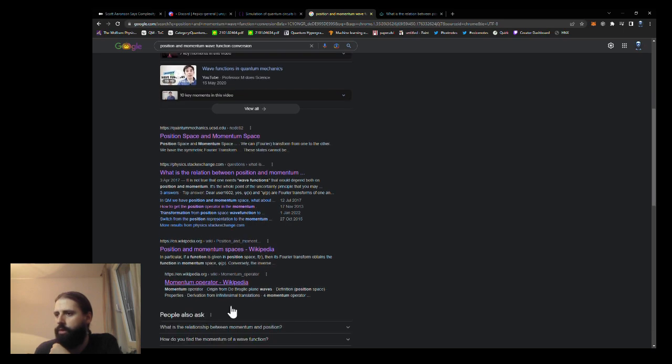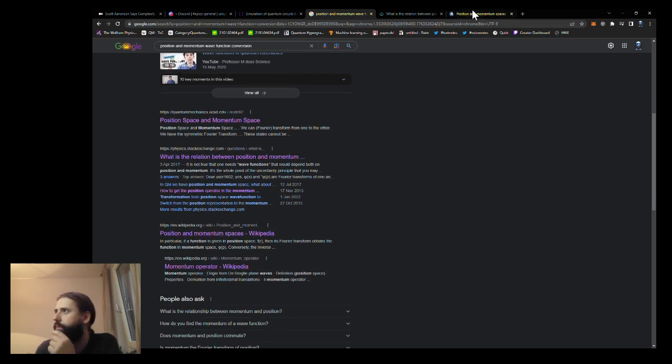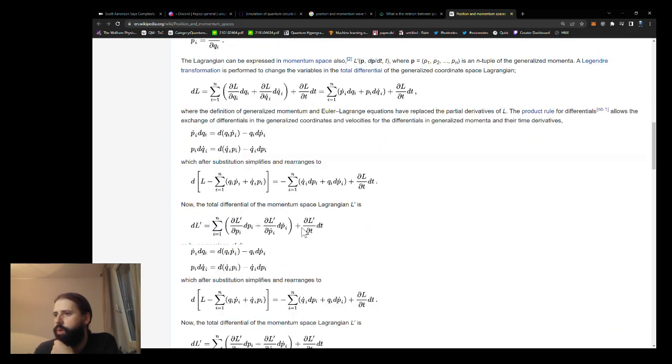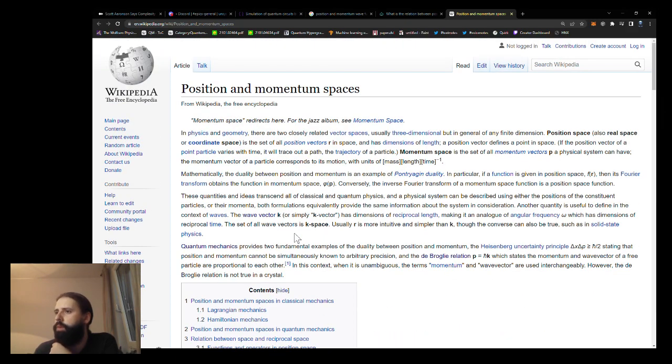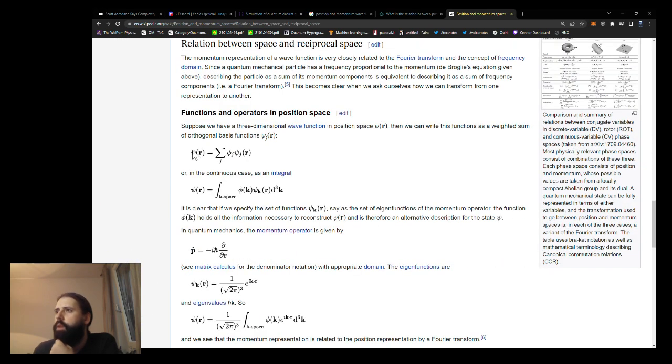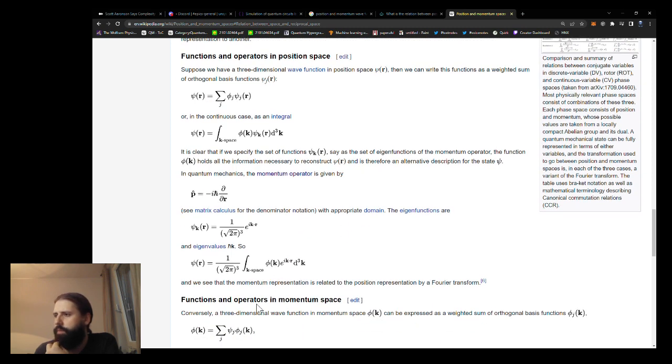If you go to the Wikipedia, you have this thing here where they show position and momentum spaces. And so the momentum operator is given by this. That's what the Wikipedia page says. By Fourier transform.